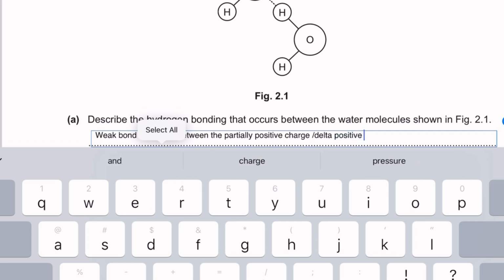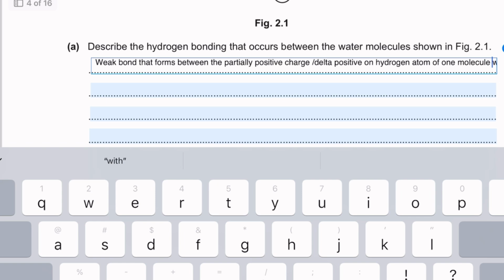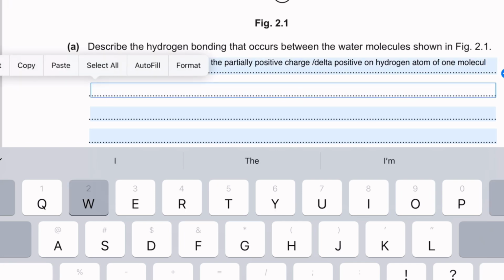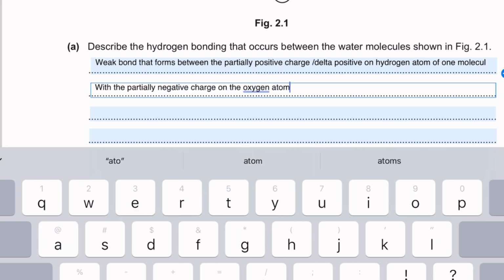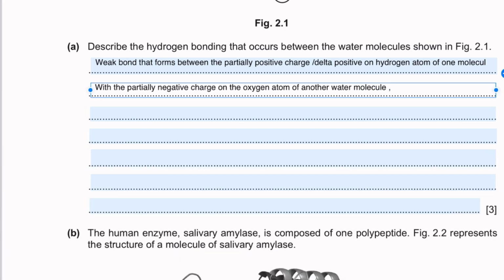Delta positive on hydrogen atom of 1 molecule with the partially negative on the oxygen atom of another water molecule. So that's the definition of a hydrogen bond. Okay, so that's point 1. You have 3 points to go.